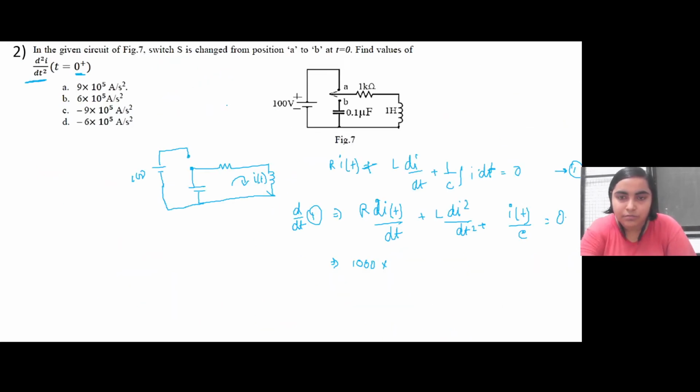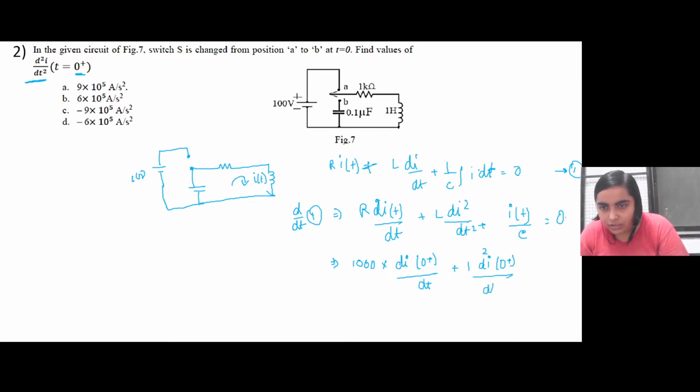So right now let us just write the equation: R di at 0 plus by dt, plus L, which is 1, d square I of 0 plus by dt square, plus I of 0 plus by C, which is 0.1 over 10 to the power minus 6, equal to 0.